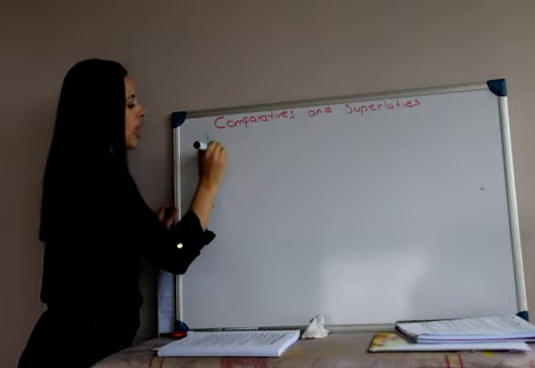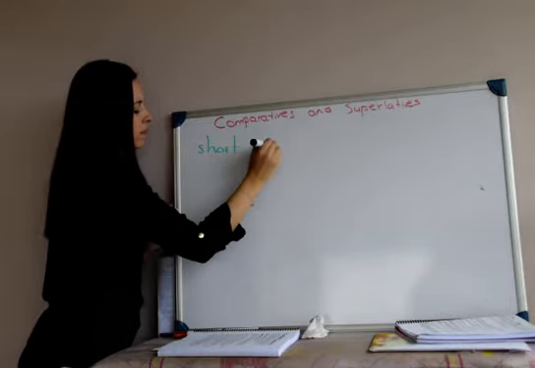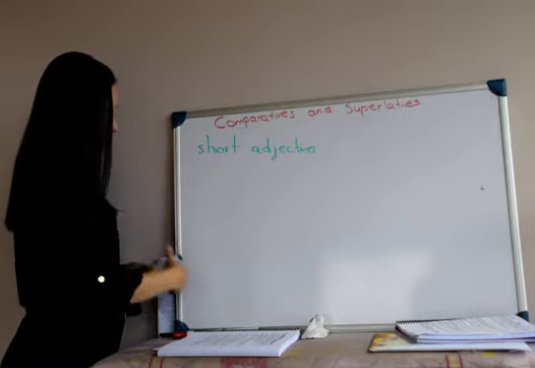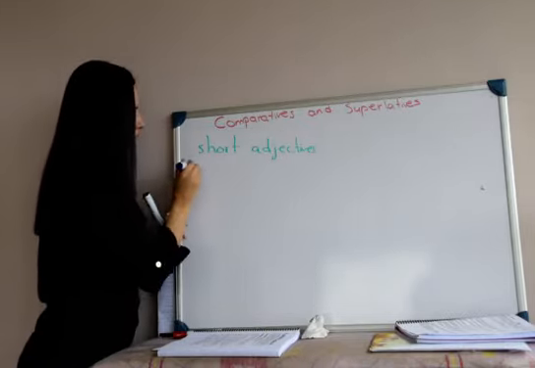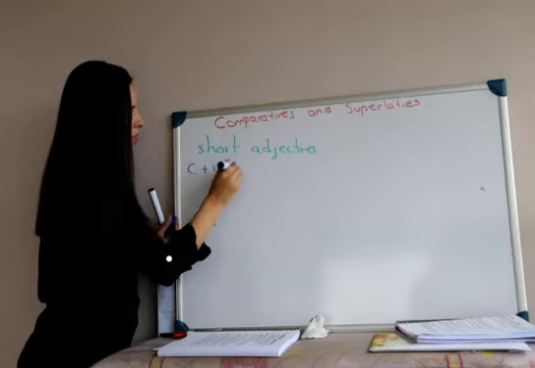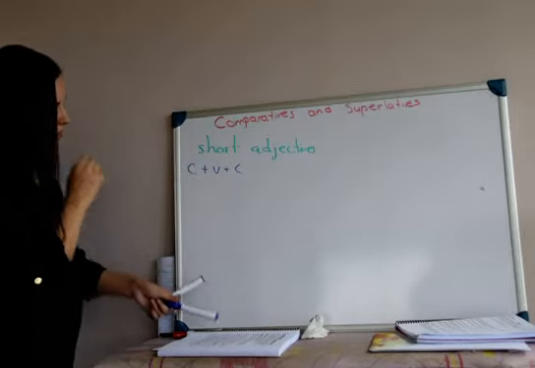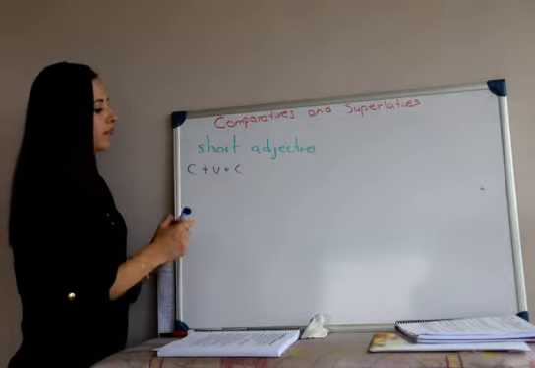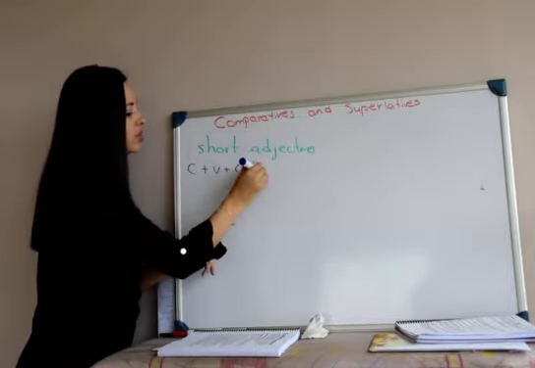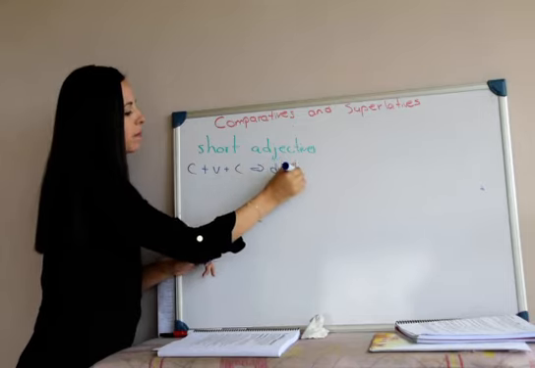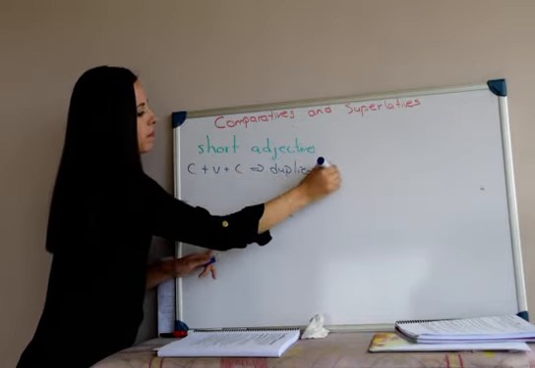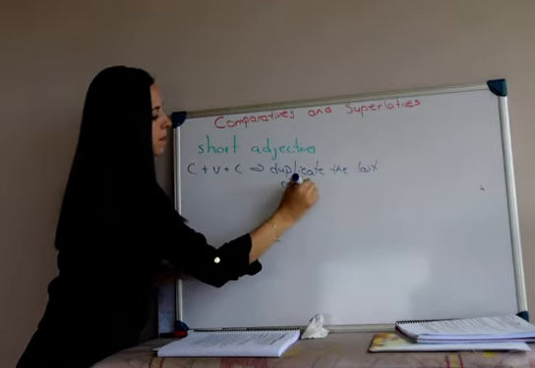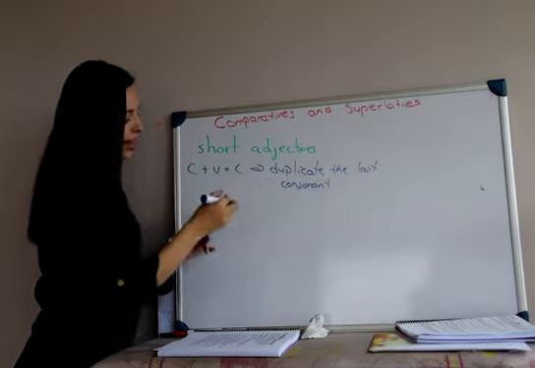With the short adjectives, if we have consonant plus vowel plus consonant, before adding the ER, you need to duplicate the last consonant.